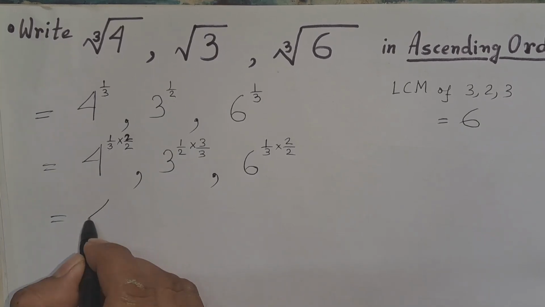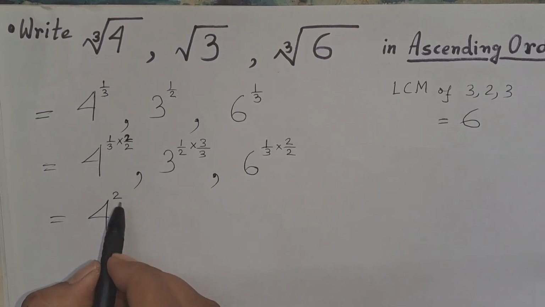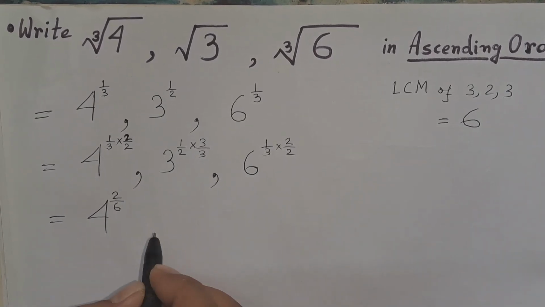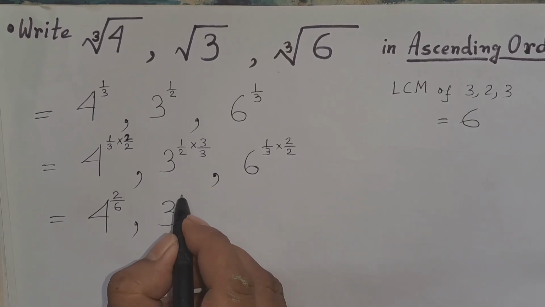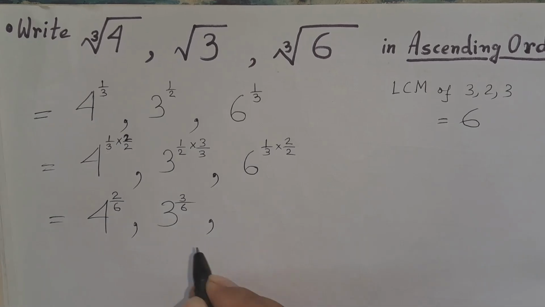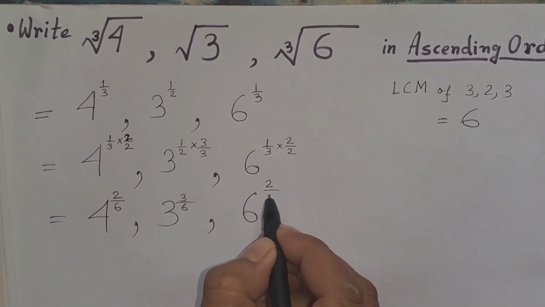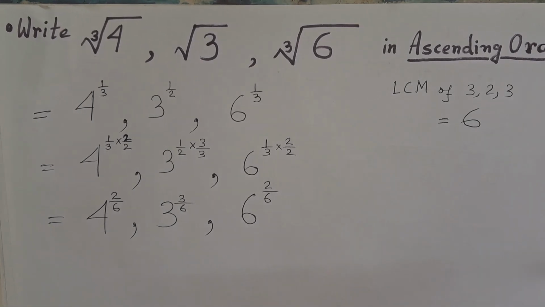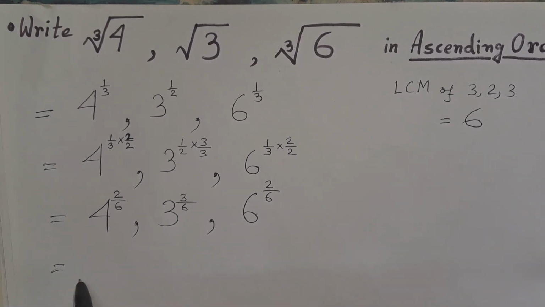Now all the denominators of the powers became the same. So first one is 4 to the power 2 by 6. Second one is 3 to the power 3 by 6. And the third one is 6 to the power 2 by 6. Got it? All the denominators are the same.